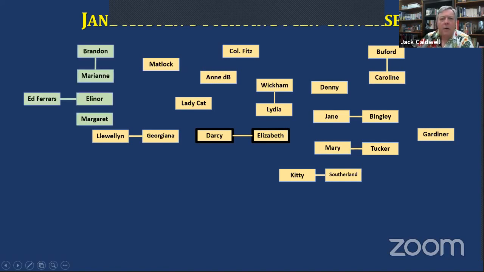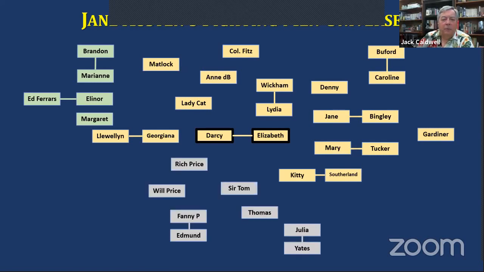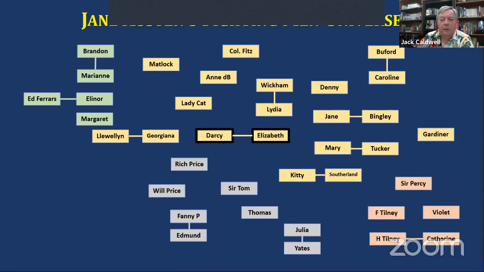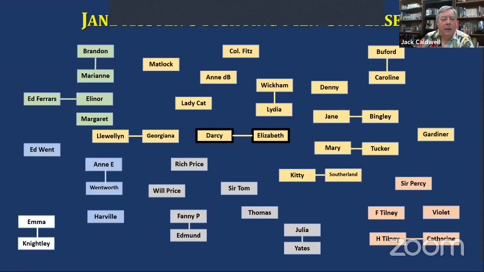So from there, I have to add in Sense and Sensibility, Mansfield Park, Northanger Abbey, with a few folks from the Scarlet Pimpernel. We'll talk about that later. Persuasion, and Emma. Not too much from Emma, but there's reasons for that. So you can see they're all sitting there.